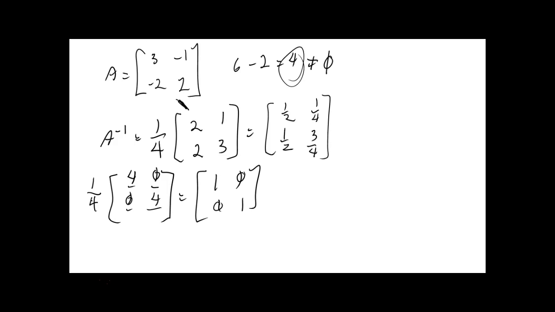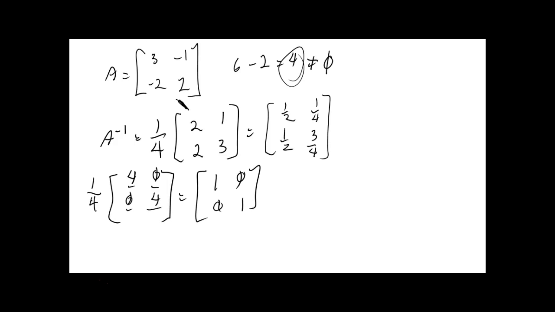So that to me is easier than Gauss-Jordan. Just check to see if it works by doing the determinant. If that's non-zero, you know it's invertible. If it's 0, no it's not, and you don't go any further.